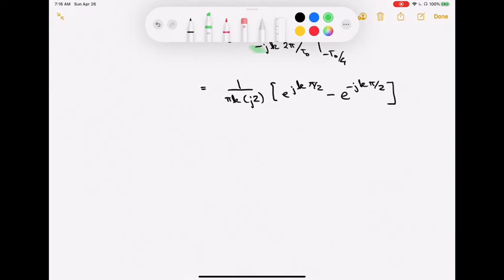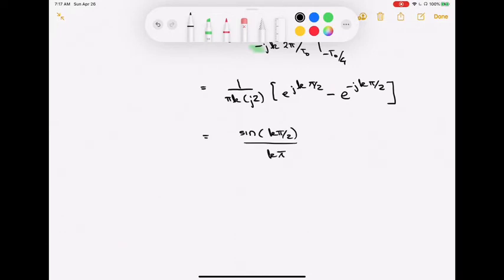Why did I express it like this? Well, we can notice a few things. We have an exponential minus the negative of that exponential, and then there's a 2j out front. We can recognize that from Euler's form as being sine, and so we can get this in a simplified form as sine of k pi by 2 over k pi.